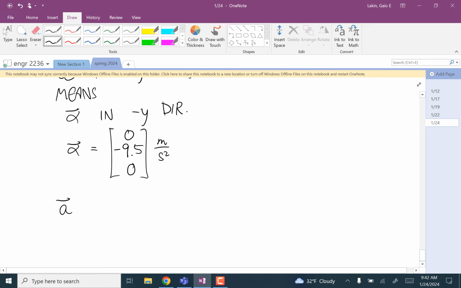Okay, so the acceleration then is 0, negative 9.50, crossed with r, 0, 0, 2.